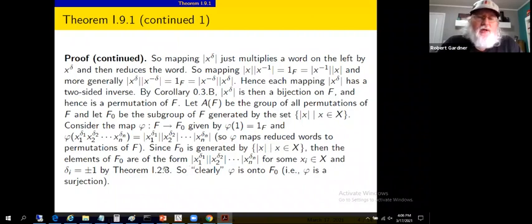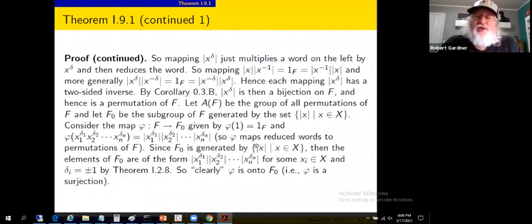So what we'll get out in F sub 0 are elements of the form X sub 1 to the delta sub 1, where delta is 1 or negative 1, using the fact that we're dealing with these as mappings. So when we take an inverse, we get an inverse mapping. And we've seen upstairs the inverse of the mapping absolute value of X is the mapping absolute value of X inverse.